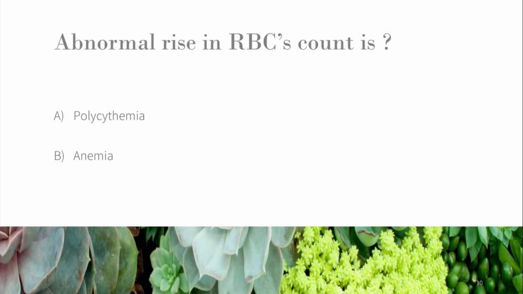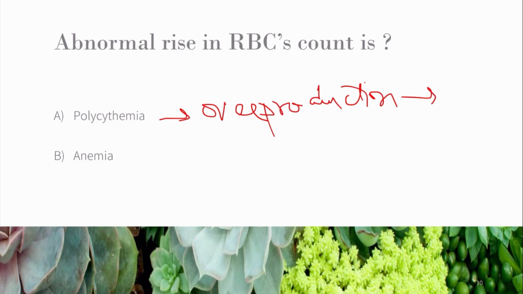Okay, so the next question in this series is: abnormal rise in RBC count is what? Option A is polycythemia. Option B, anemia. Polycythemia is caused by overproduction, a rise in the RBC count by the bone marrow. The bone marrow will produce more due to reasons like mutations and some biological factors in the body.